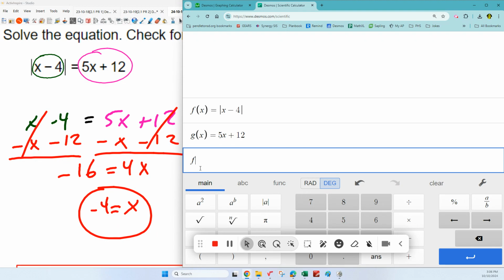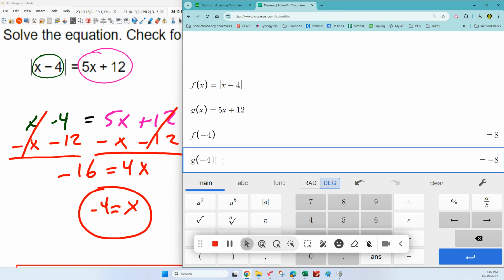So f of negative 4 gives me back positive 8. G of negative 4, what's it give me? Okay, so that's telling me if I plug negative 4 into that equation, I'm getting 8 on the left side and negative 8 on the right side. So is negative 4 a valid solution? No, it's extraneous. Okay.